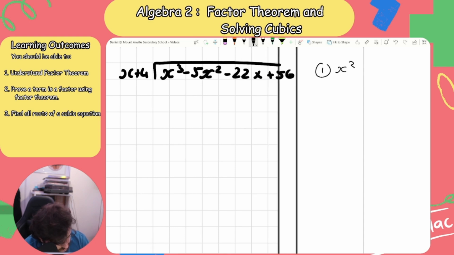So x cubed divided by x equals x squared. Put that on top. x squared times x is x cubed. x squared times 4 is 4x squared.